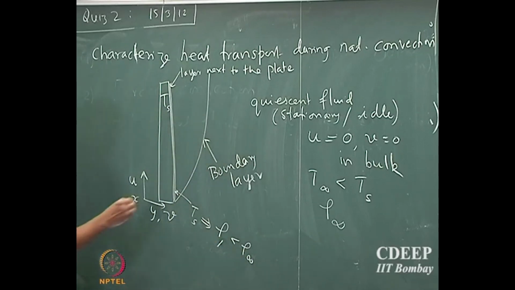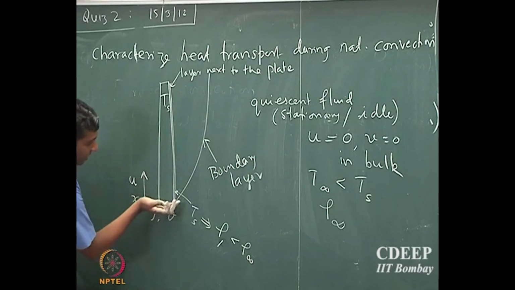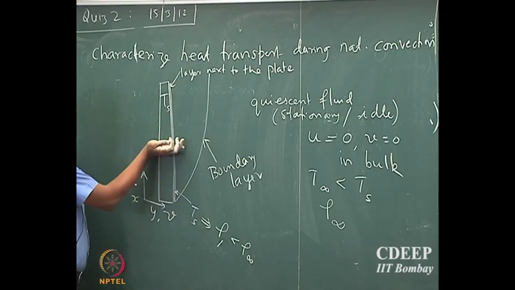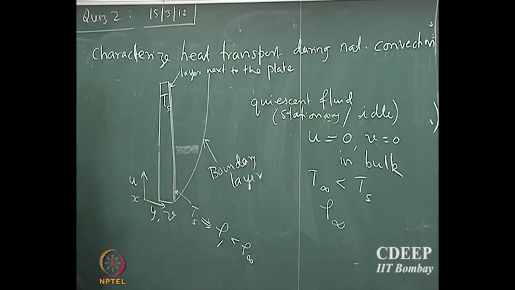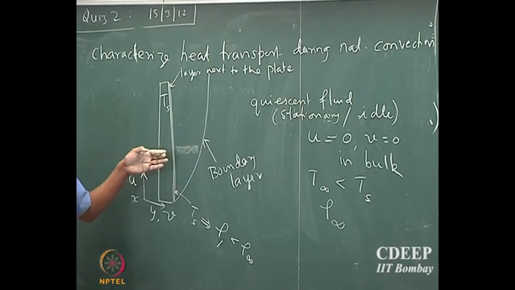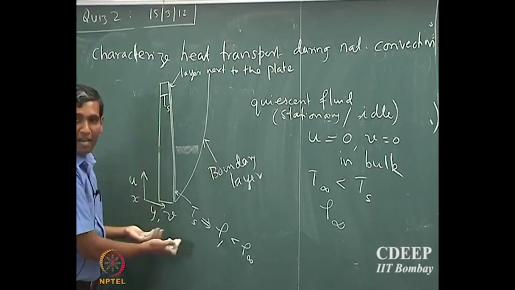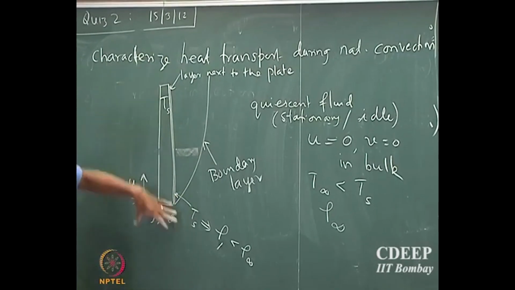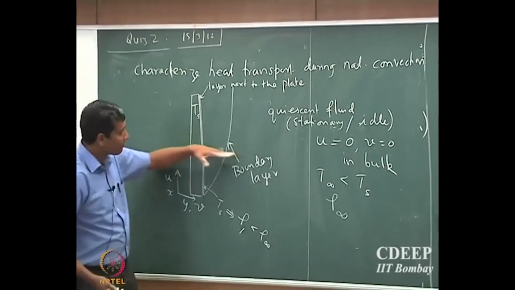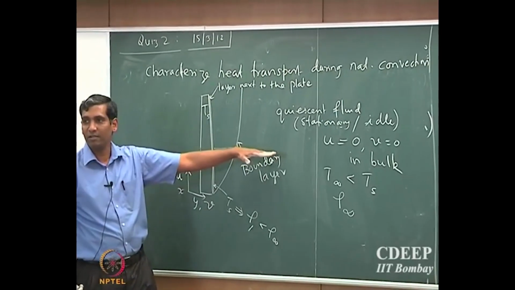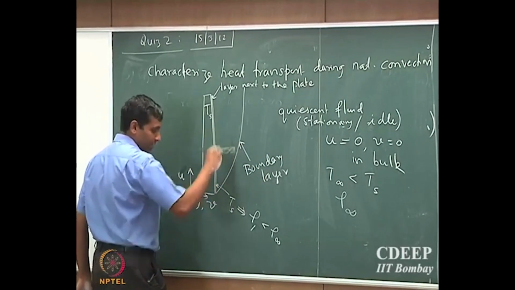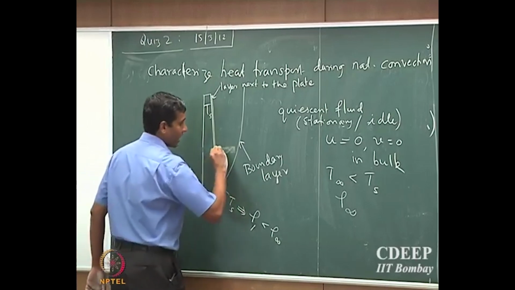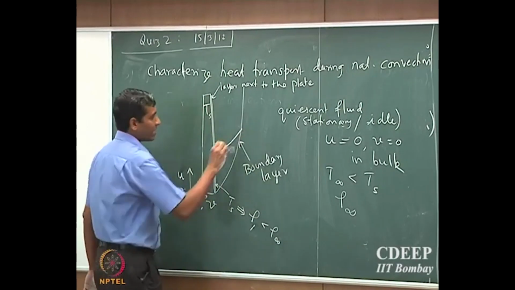Now if I go further down the plate, the fluid present in this location is exposed to the surface of the plate for a much larger period than the fluid present here, right? So I am just dumping it inside. These fluid particles at this location will now have a density gradient.